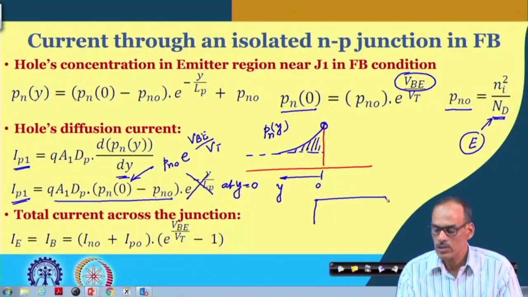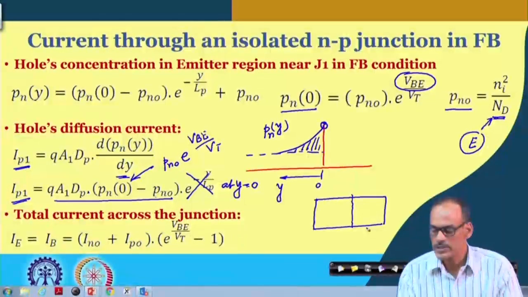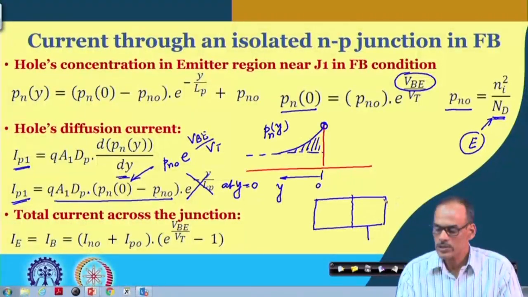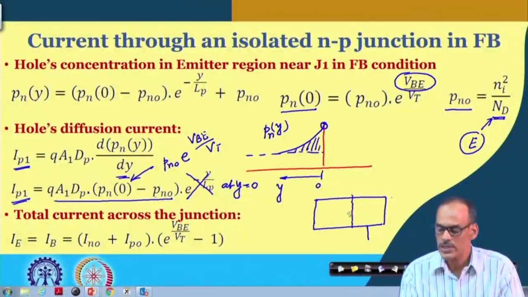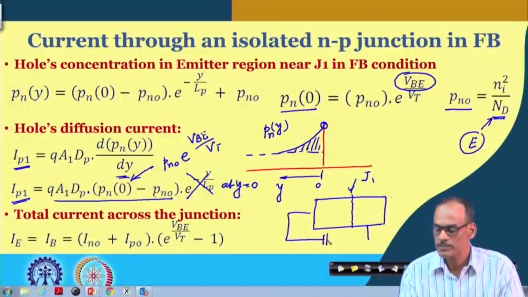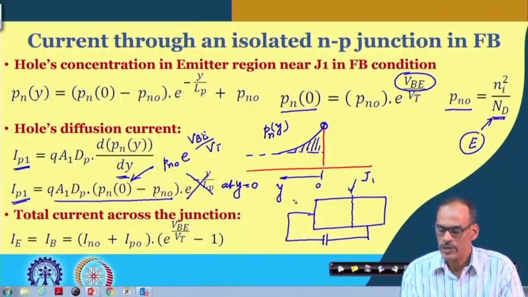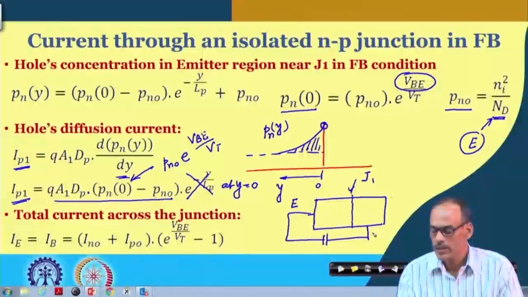So, the total current across the junction. You may recall that we may say this is an isolated junction. We are not concentrating on the second junction, only on junction 1, and we have the Vb here, the emitter terminal here and the base terminal here, and whatever current is flowing through this junction due to this forward bias.